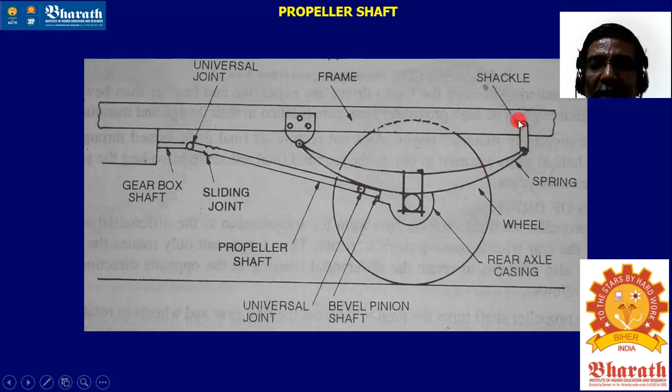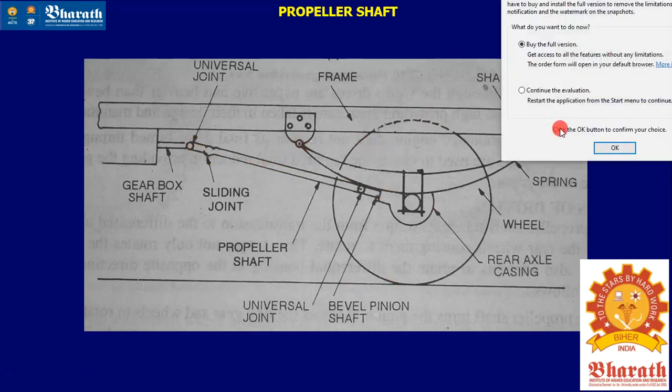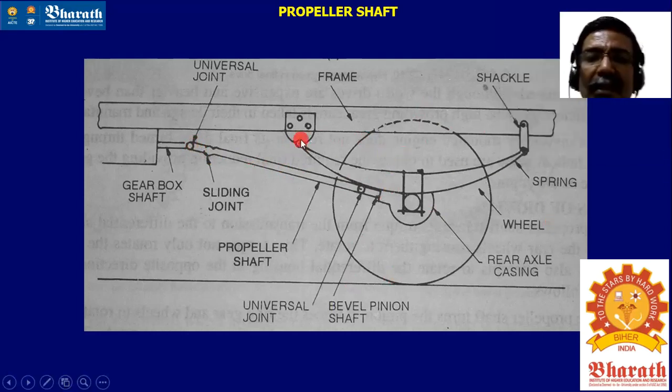That is number one. Number two, why is the shackle provided at the rear? Why not at the front? It should be provided at the rear because you see the propeller shaft swinging about this as center this way. As per this setup with the shackle, this leaf spring will be swinging about this pin this way. When both swing in the same way, that will be really good and correct geometrically.